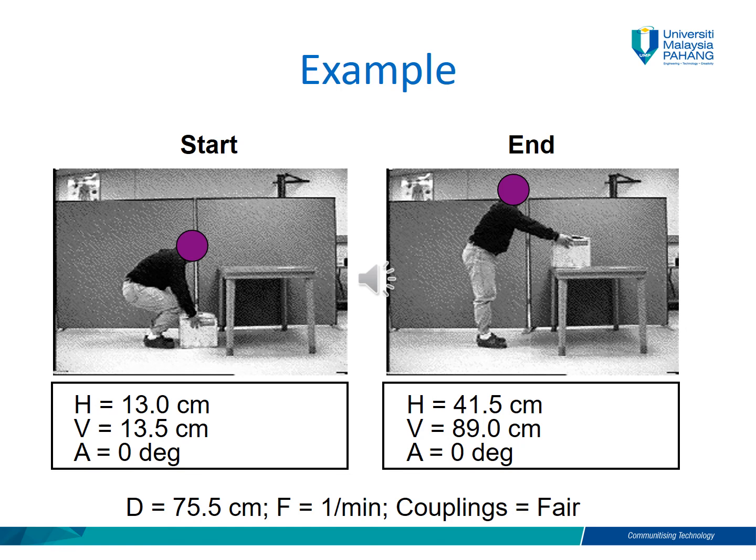I hope students will practice using the job analysis worksheet to put in all the information and calculate the recommended weight limit for the start and end of the activity. After that, please obtain the lifting index for the origin and the destination.